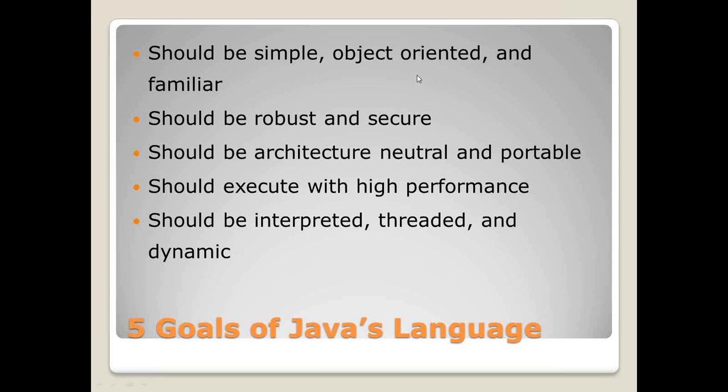At that time, people wanted to prepare software for household devices. For that they started using different microprocessors and C programming. The problem with C programming is that it is platform dependent. Once you create software for a particular microprocessor, it is not possible to use the same software on a different microprocessor.